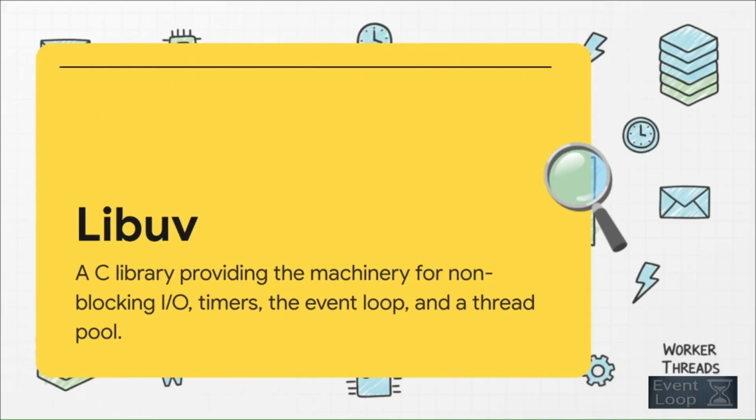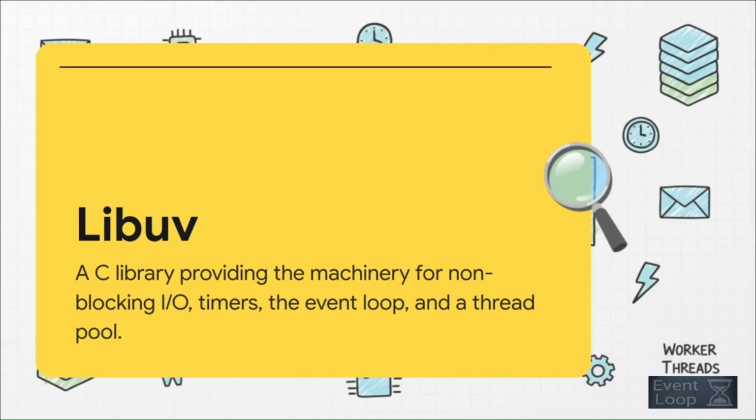The main thing to get about libuv is that it acts like a smart middleman. It gives Node one simple way to handle all that background stuff, you know, reading files, making web calls, without ever having to pause your main code. It just starts the task and basically says, "Hey, let me know when you are done."